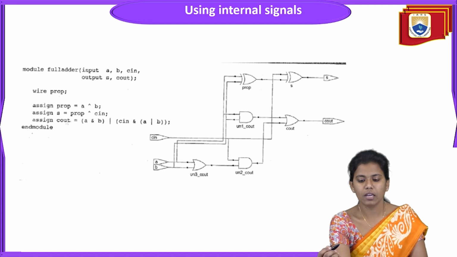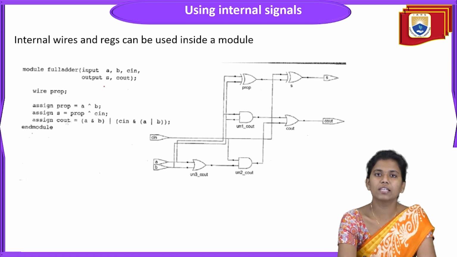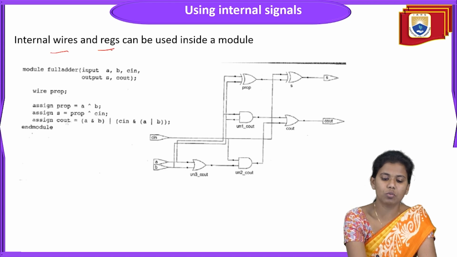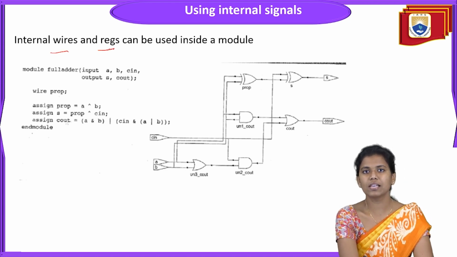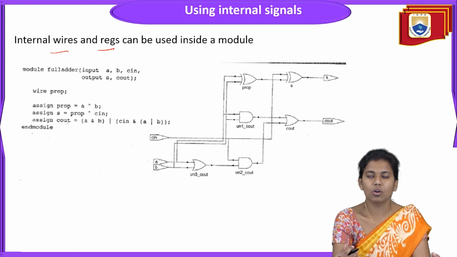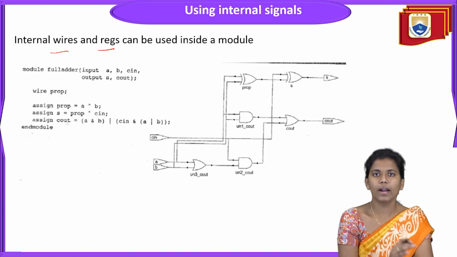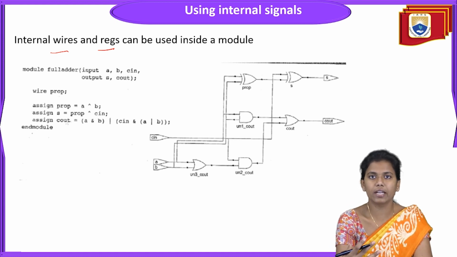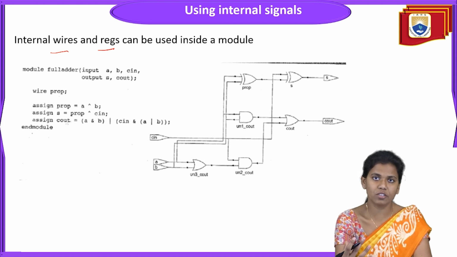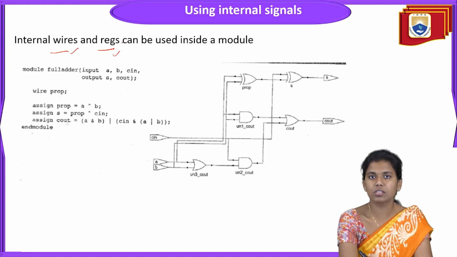Finally, next one is using internal signals. So here, internal wires and registers. We have discussed what wires and registers are. Wires and registers are nothing but keywords used to store data. For example, when you are considering a complex module, a lot of data needs to be stored. So for such kinds of things, wires and registers are needed.